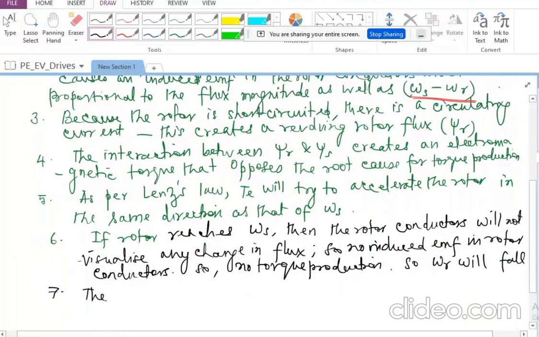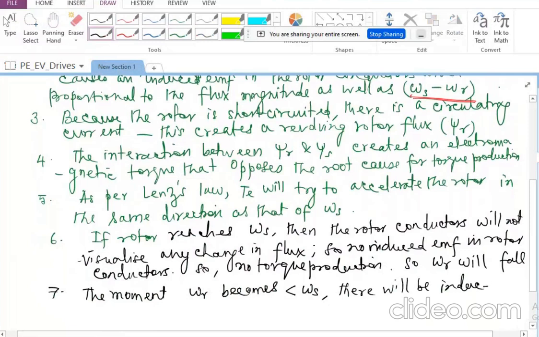The moment omega r becomes less than omega s, there will be induced EMF and torque production.